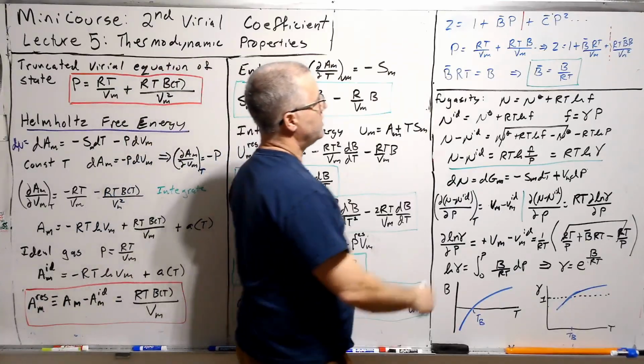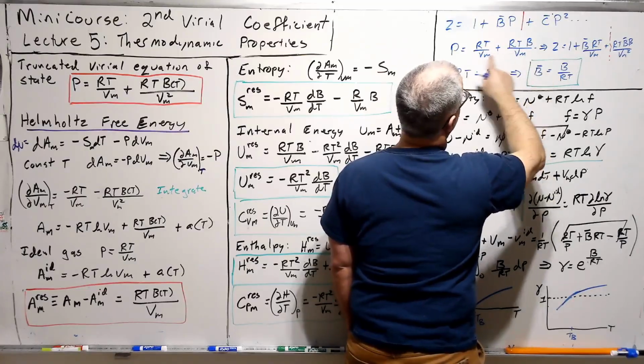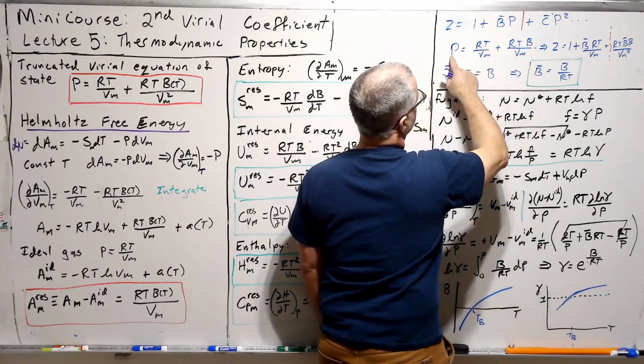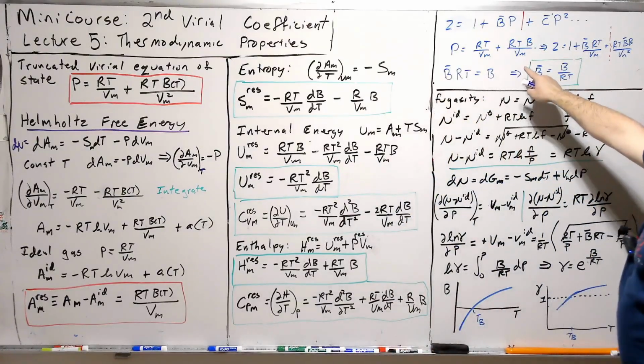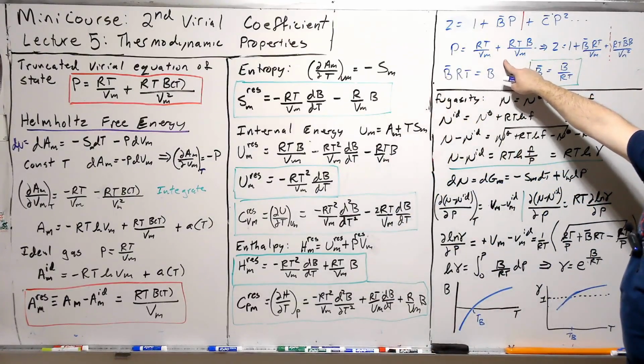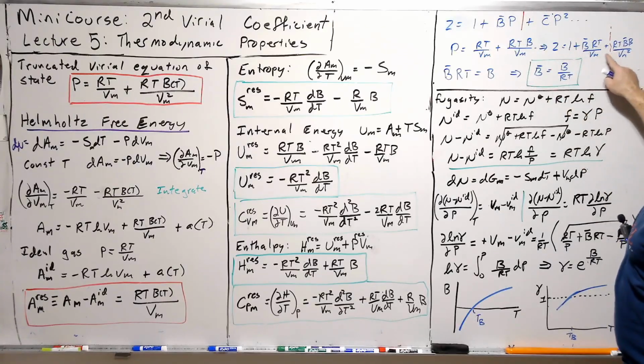And when we do that, all we're doing here is we're taking this, our equation of state, and we're then expressing it with this series. And now we can see that the leading term here is B bar, this B, RT.